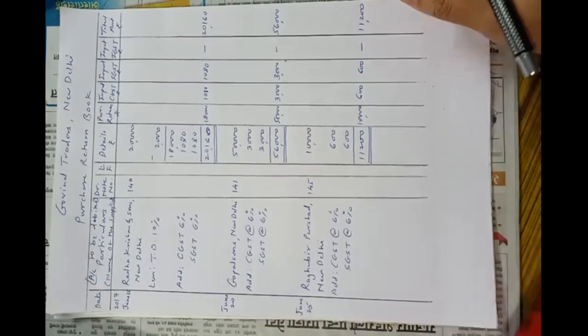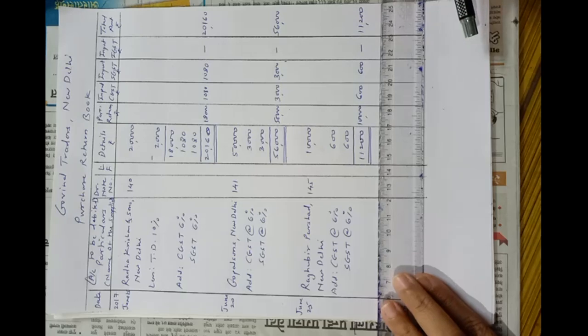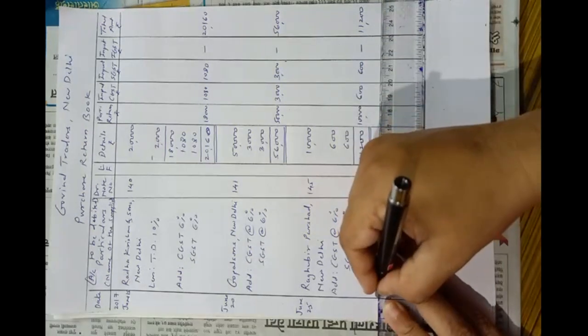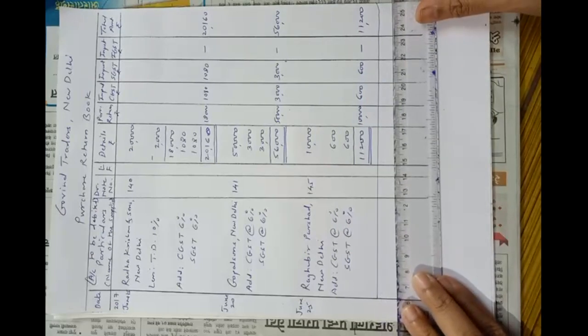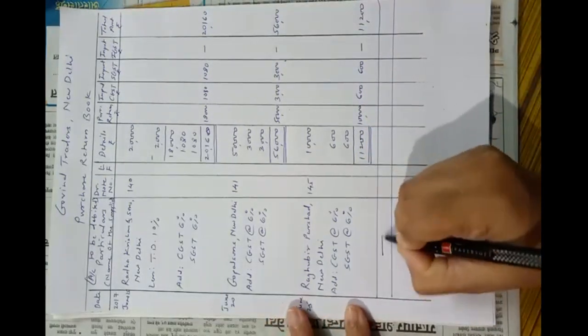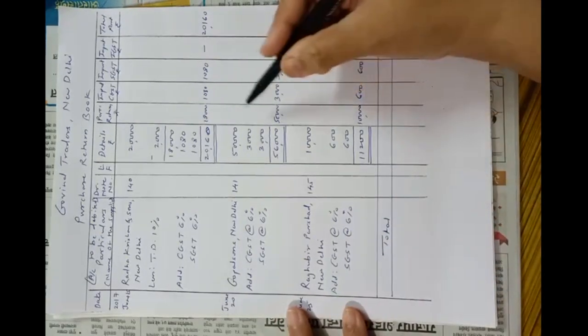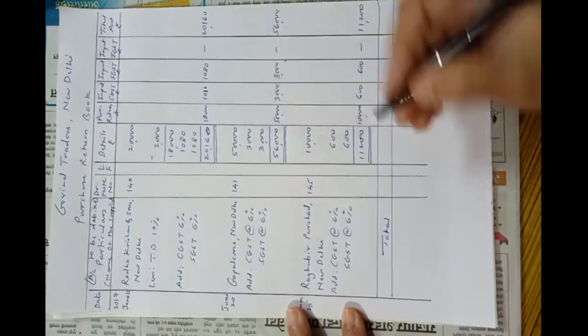Okay, now we have to do the total of this purchase return book. Total of this column 78,000.